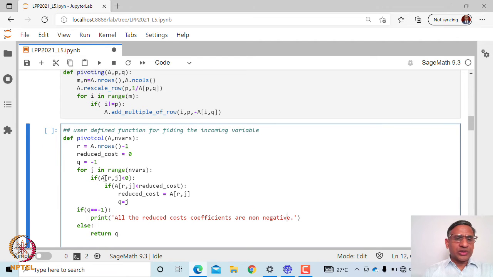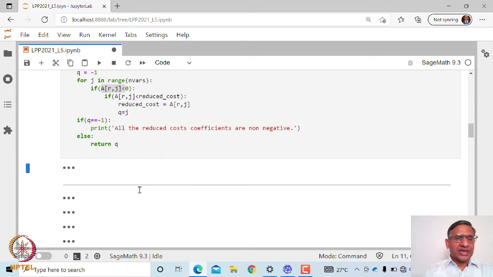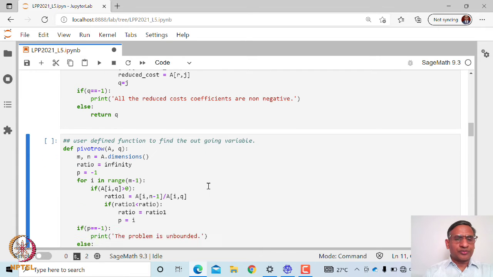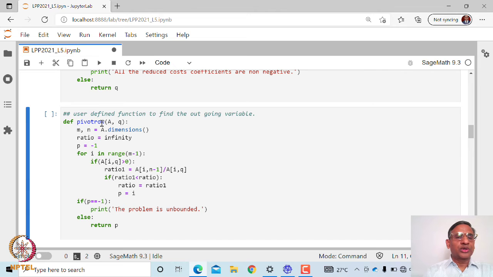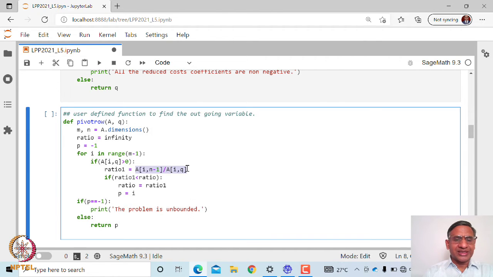Otherwise, look at which is the most negative, so this particular code will find the one which is most negative. So let me run this, and then the next one is to find out the pivot row, that is the one which will decide what is going to be the outgoing variable. For that, we need to find the ratio of the right hand side by the positive coefficient in the incoming column.